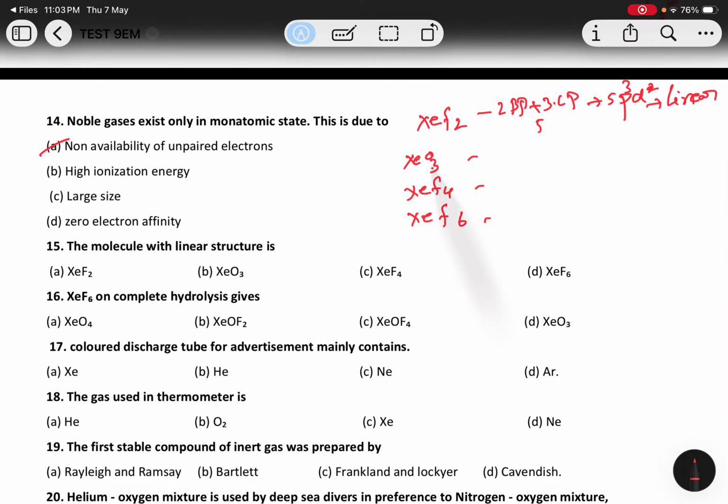In the case of XeO3, xenon contains 8 valence electrons. Among 6 valence electrons, 3 oxygens form 3 pi bonds with 6 electrons. So 3 bond pairs plus 1 lone pair, total 4, which means sp3 hybridization. 1 lone pair means trigonal pyramidal shape.